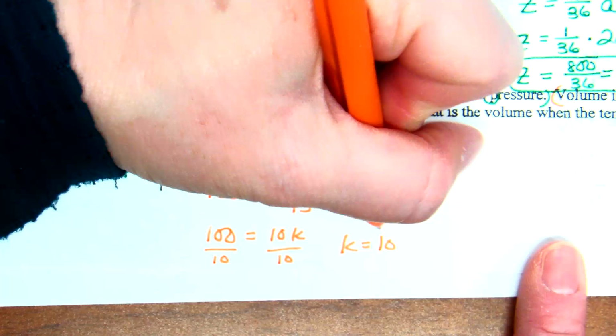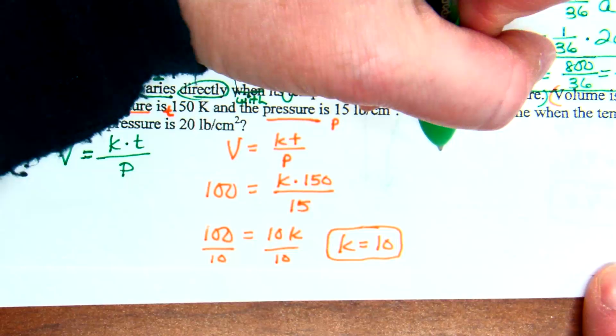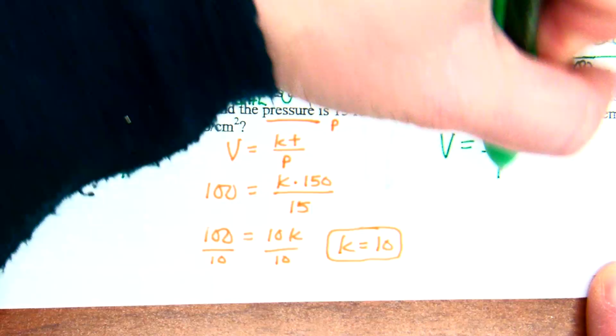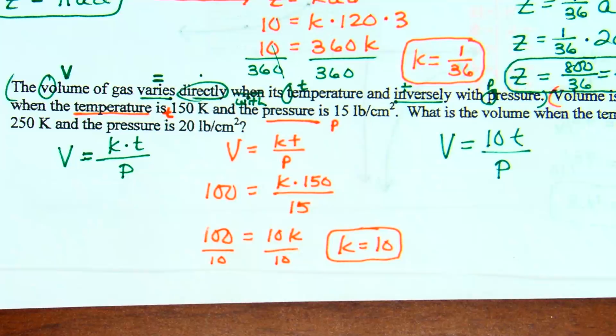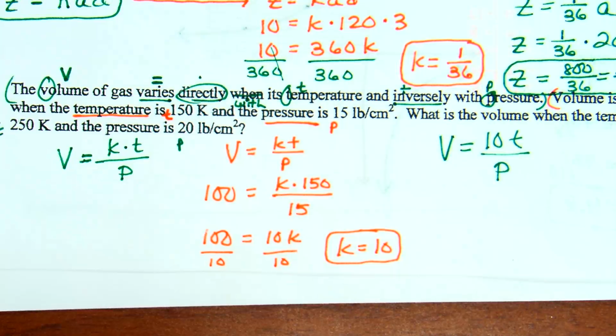So I'm going to do 10 times temperature of 250 divided by a pressure of 20. 10 times 250 divided by 20 works out to be 125. That'd be meters cubed. That was going to be a question. What's the label? And here's my cheat: what did they label volume earlier? Volume is meters cubed.